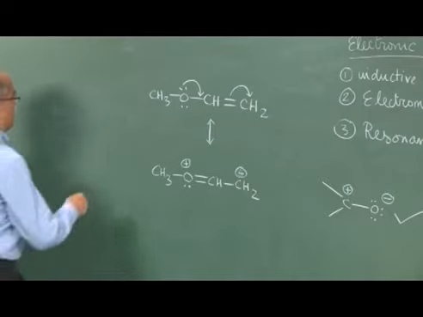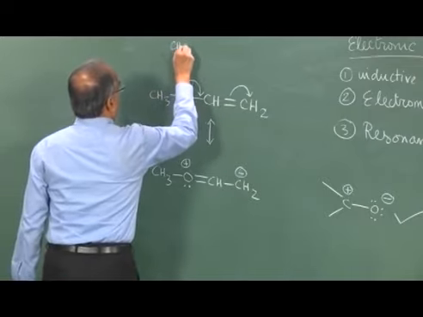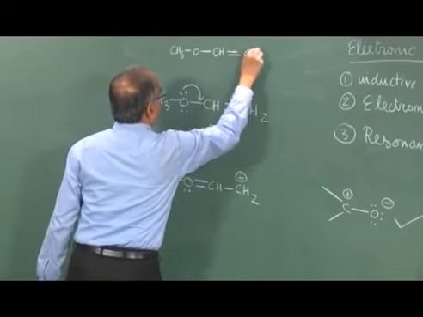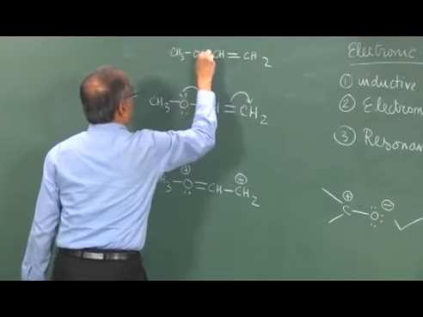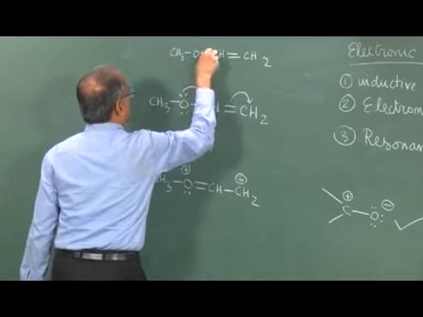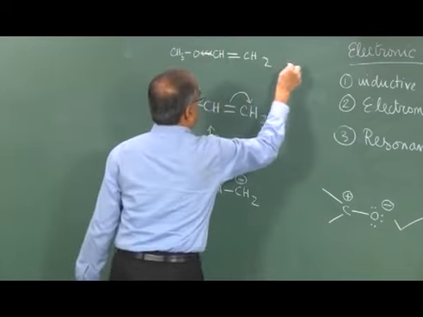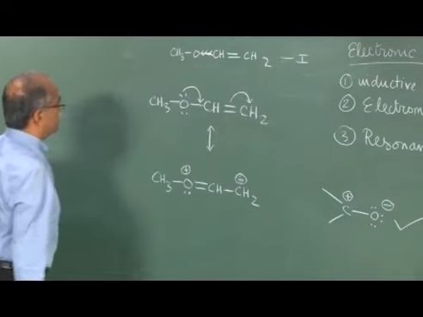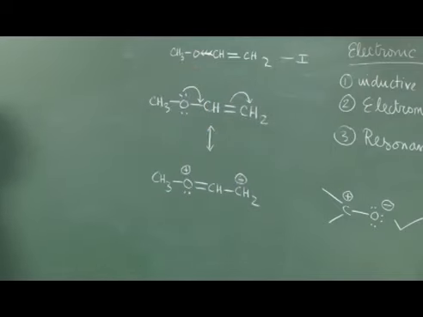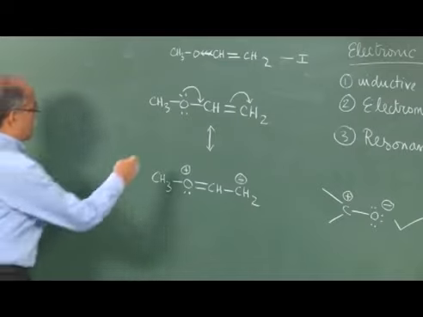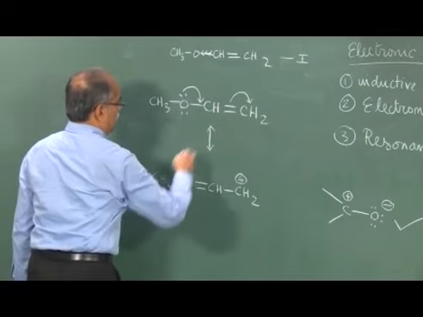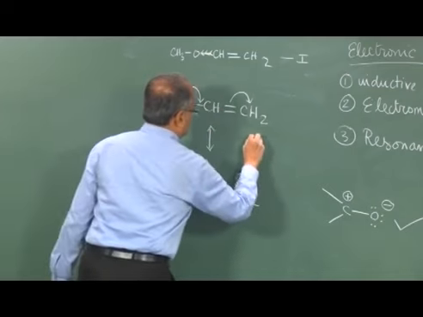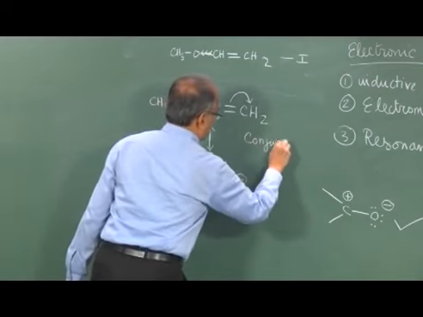This is very different from the inductive effect you would have written for this compound. If you were to write the inductive effect, oxygen is more electronegative than carbon, so the inductive effect is going to be operating in this one. So, oxygen is a minus I effect because it is more electronegative than carbon. But the lone pair on the oxygen can be delocalized onto the pi bond which is in conjugation. In other words, this phenomenon is known as conjugation.